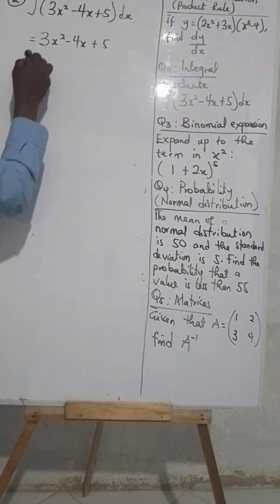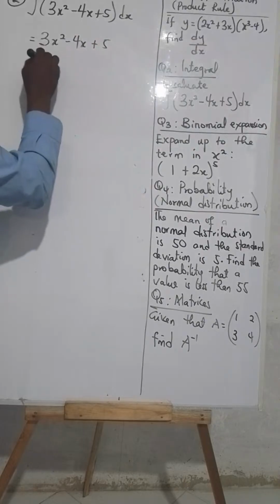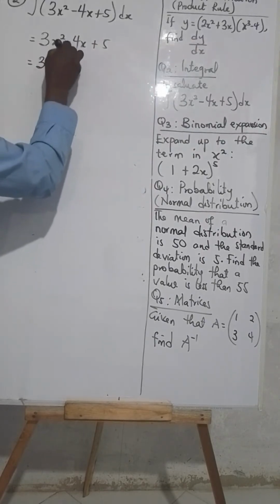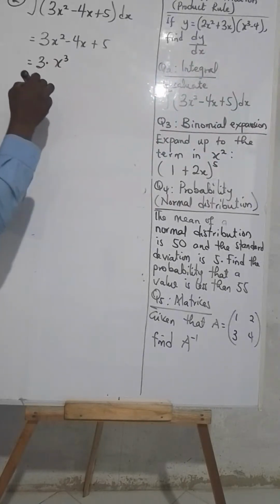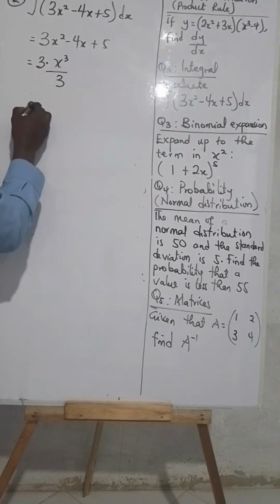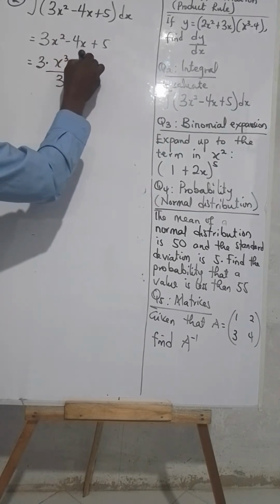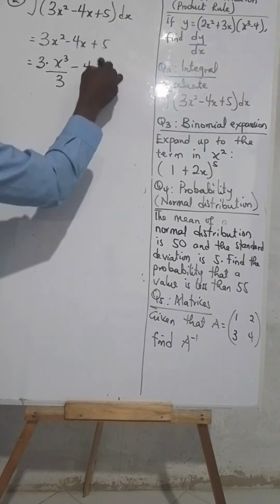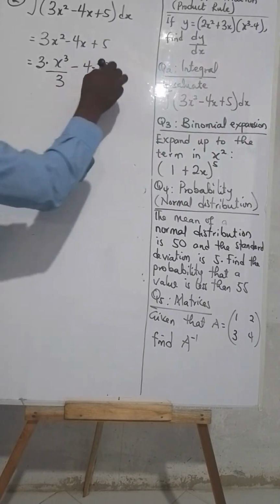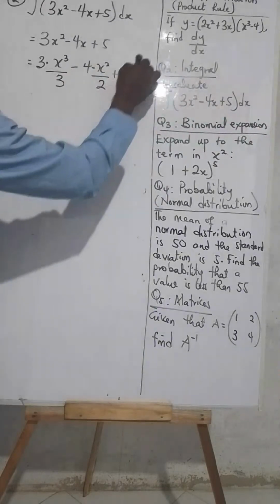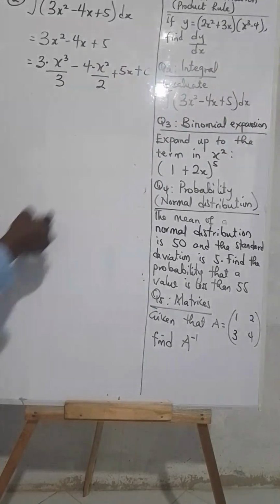Right, so with this, we have 3 times x exponent 3 all divided by 3, then minus 4 by x squared all divided by 2, then plus 5x plus the constant c.